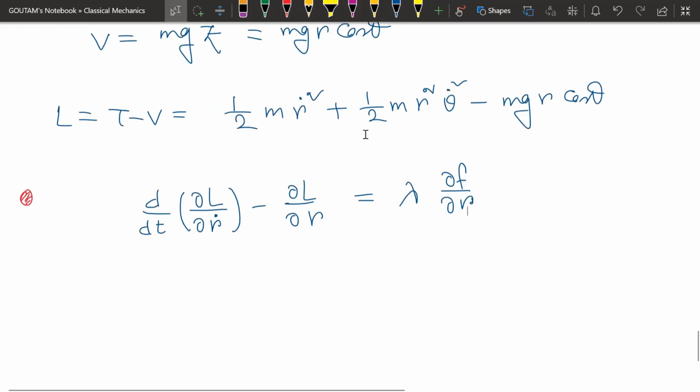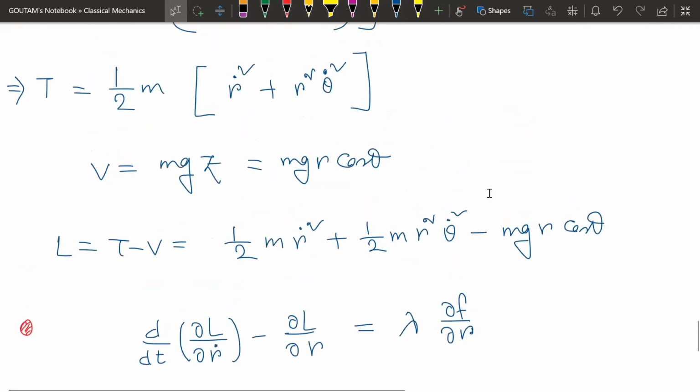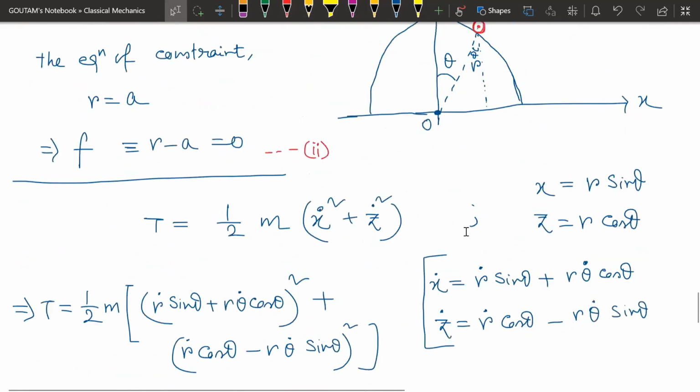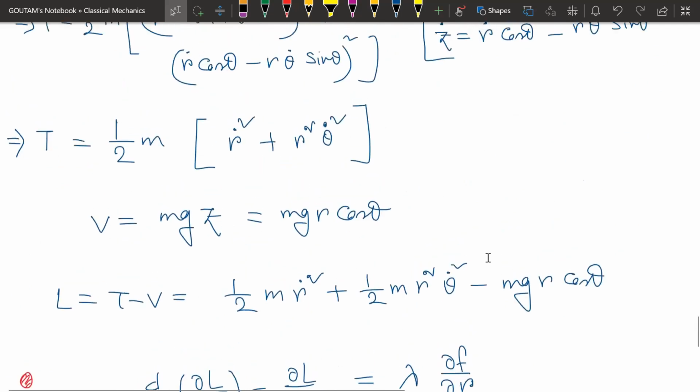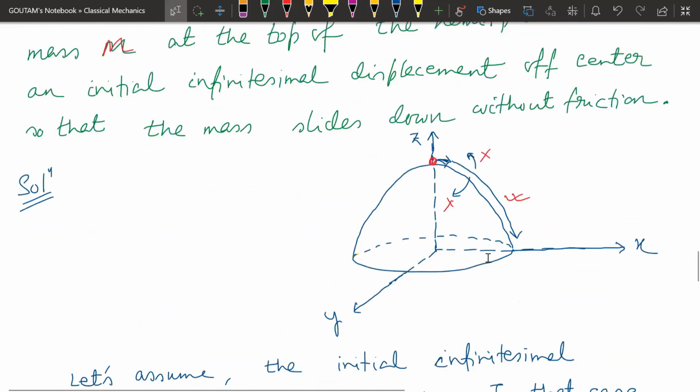So this is the Lagrange's equation of motion if we have the constraint equation, and lambda is called the Lagrange's undetermined multiplier.